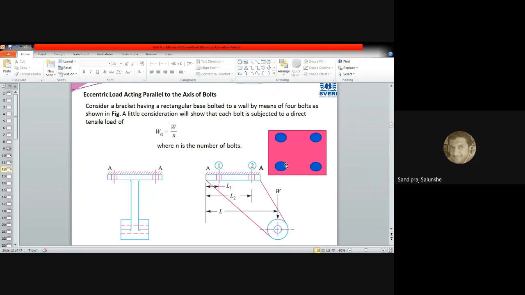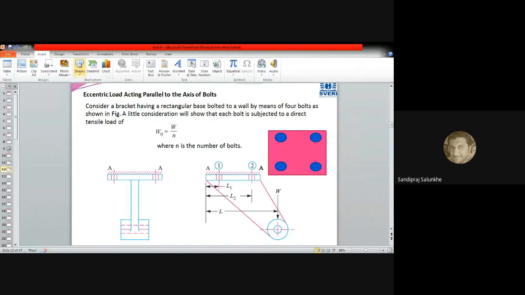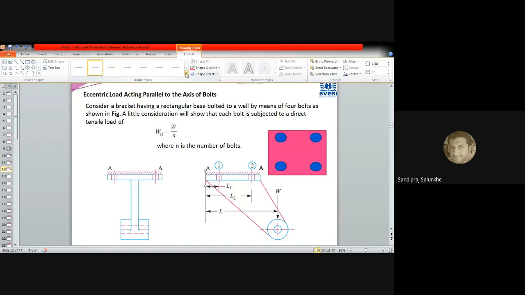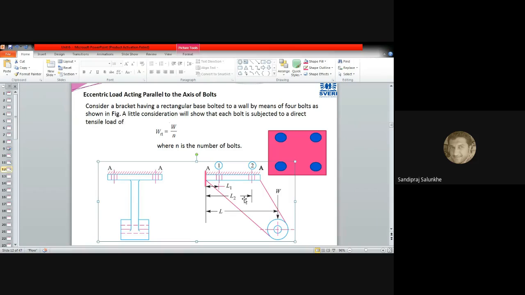So in this case, W is acting eccentric from the tilting edge. I'll draw it and color it red. This tilting edge is where this total component will tilt or move about.